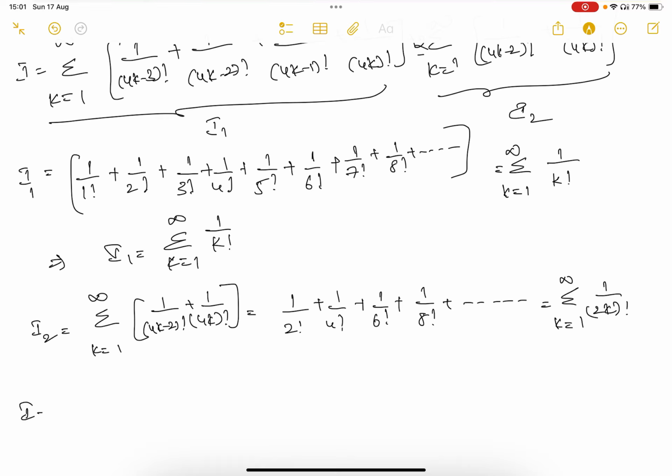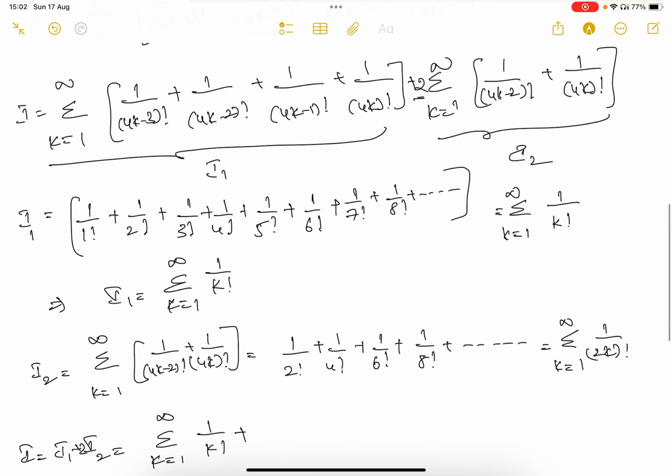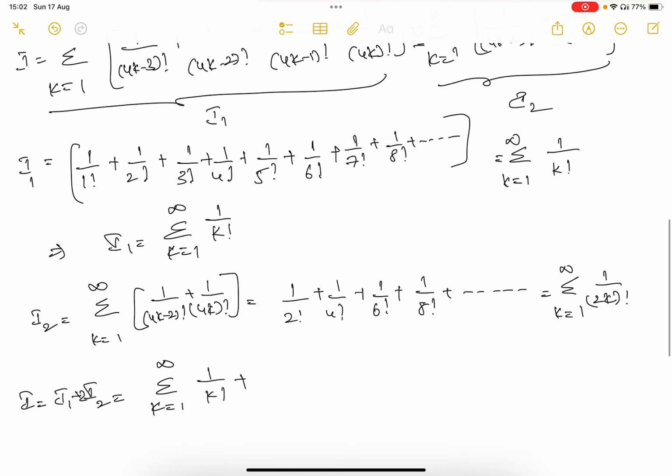So I is I1 plus I2, which is, I is summation k equal to 1 to infinity 1 by k factorial plus, sorry, I1 plus 2 I2, right? There is a 2 term here, 2 times I2. I2 is summation k equal to 1 to infinity 1 by 2k factorial.